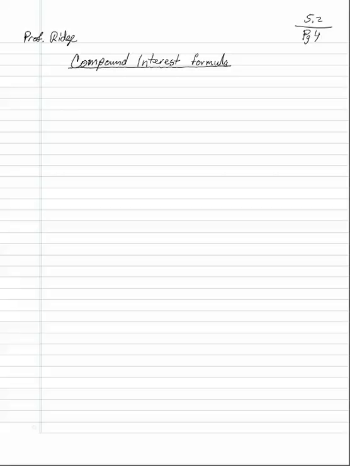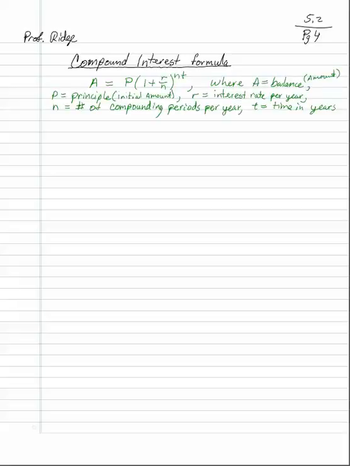All right, let's look at the compound interest formula. A equals P times the quantity 1 plus r divided by n, to the nt. A is the balance, or the amount, the account balance. P is your principal, that's the initial amount that you start with.